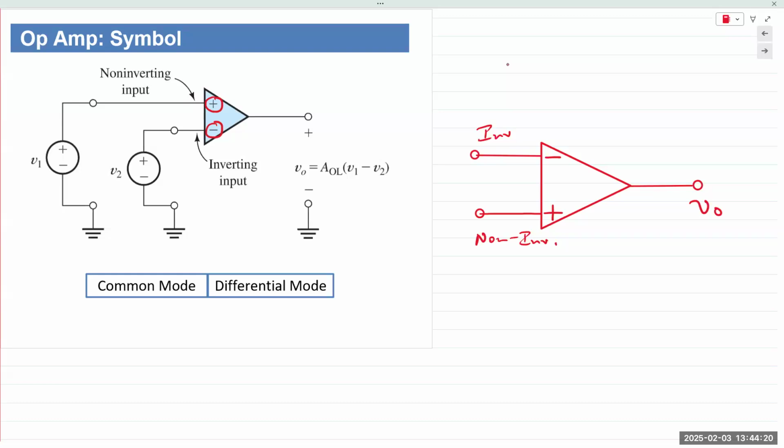So for an op-amp, the power supply is shown like this: plus VCC and minus VEE.